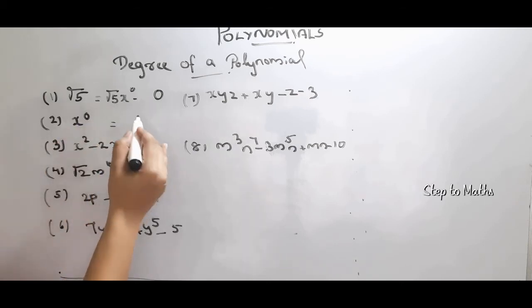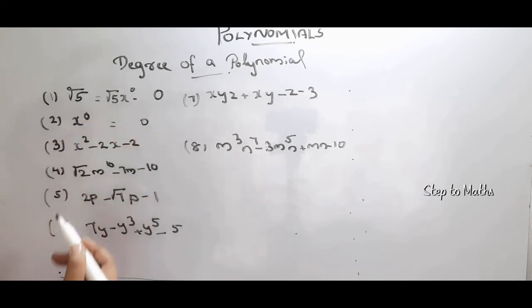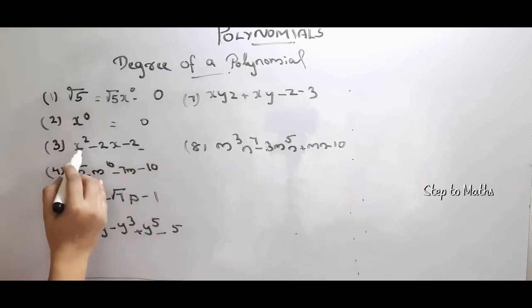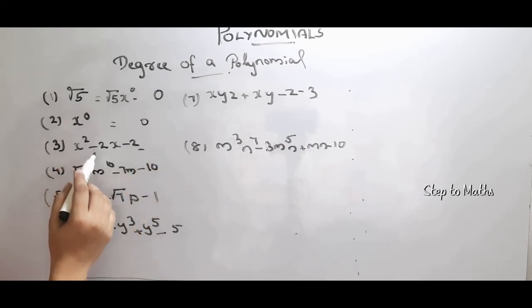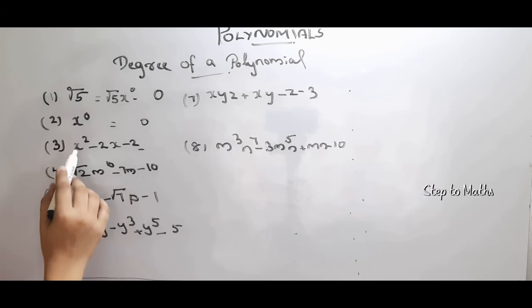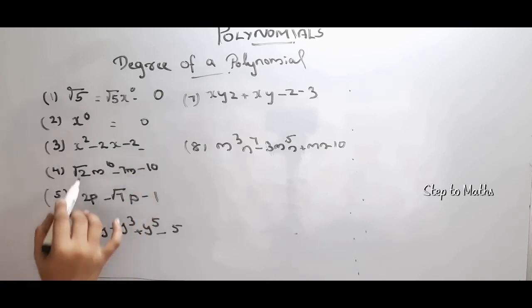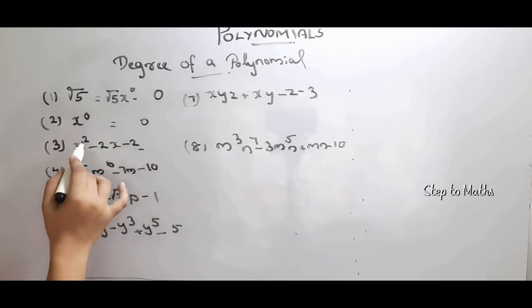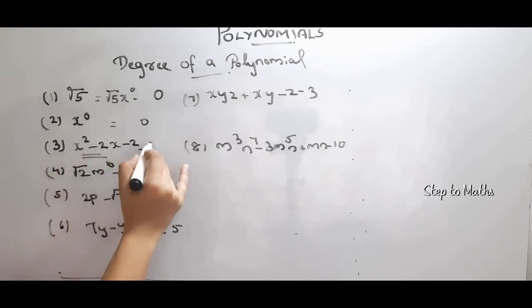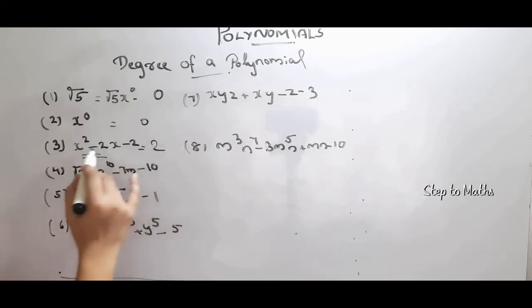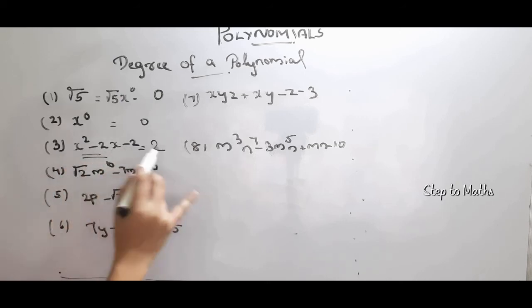Next is x raised to 0. Degree is also 0. Now consider this polynomial, x square minus 2x minus 2. Here there are 3 terms. What is the degree of this polynomial? The highest power of the variable is 2. So the degree of this polynomial is 2.